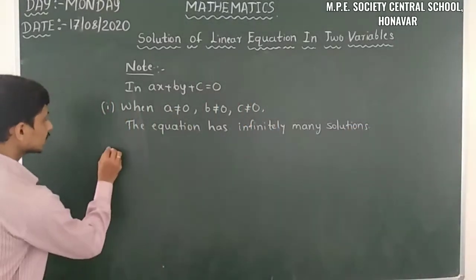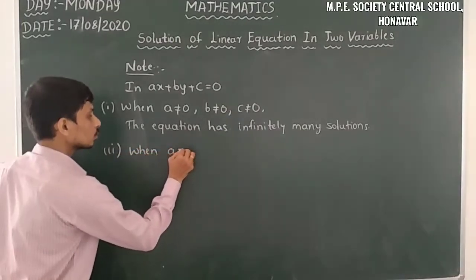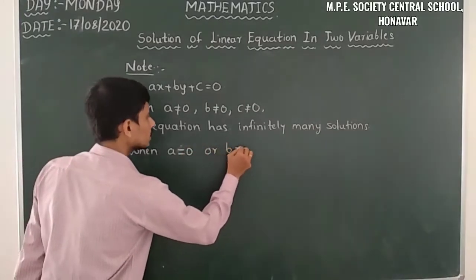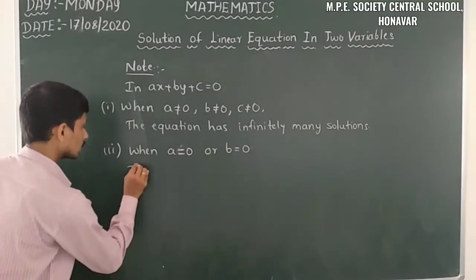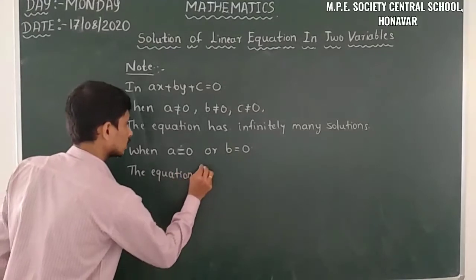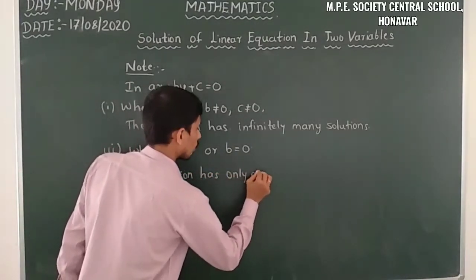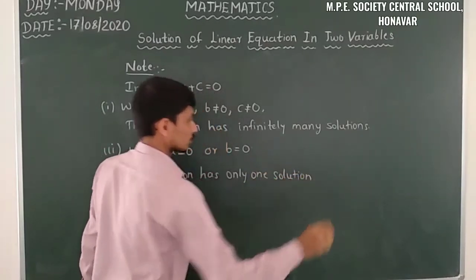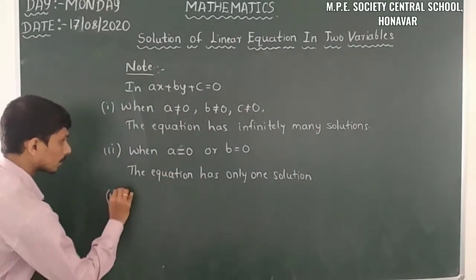The next case is when A is equal to 0 or B is equal to 0, the equation has only one solution. Then the next case is when C is equal to 0.